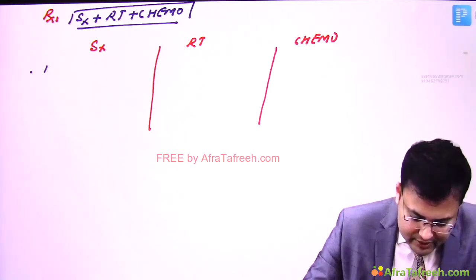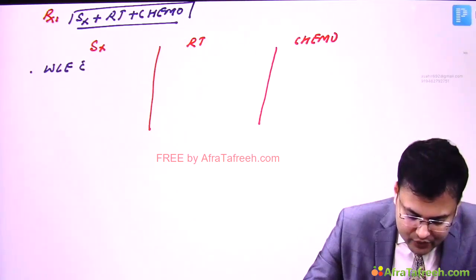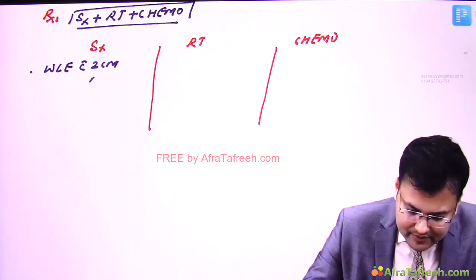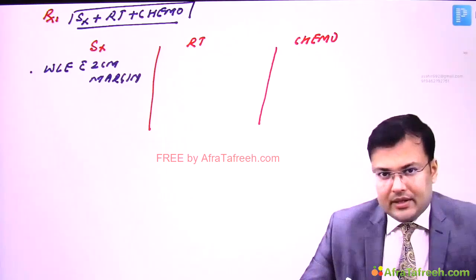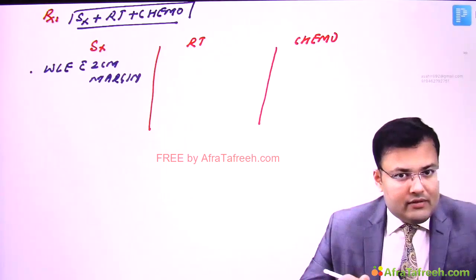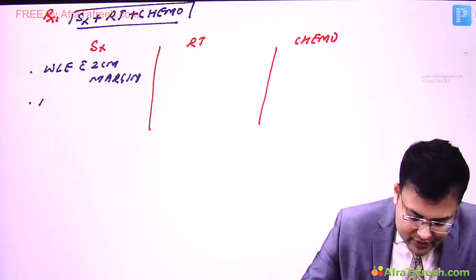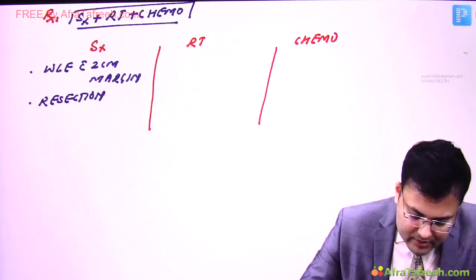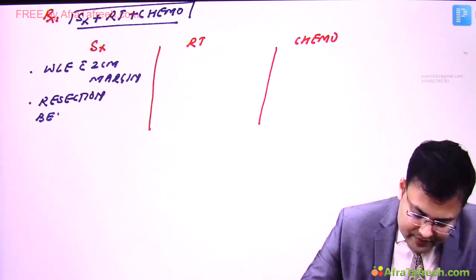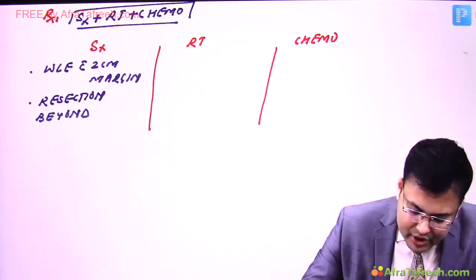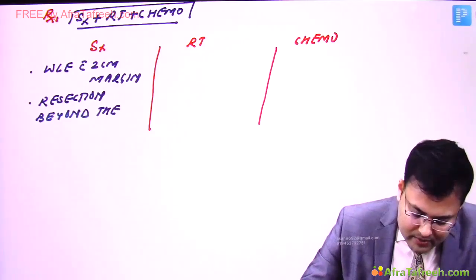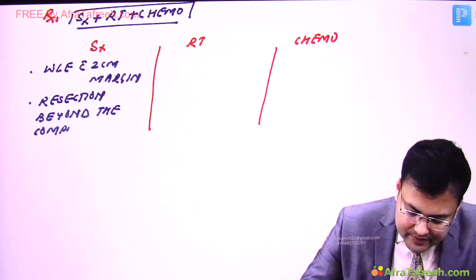How much margin? Wide local excision with 2 cm margin. Clear? So what we have to achieve? Achieve the clear margin. If it's not possible to achieve the clear margin, in this case, we can go for resection beyond the compartmental boundaries.